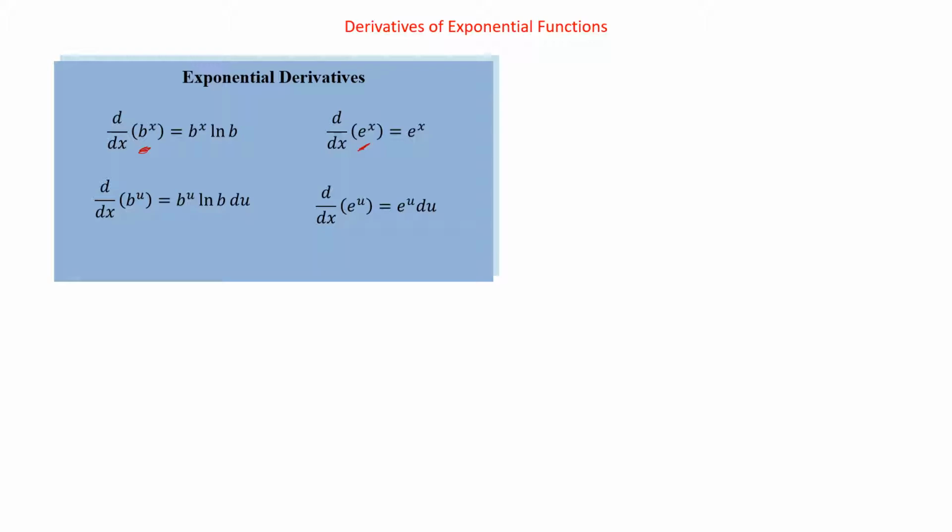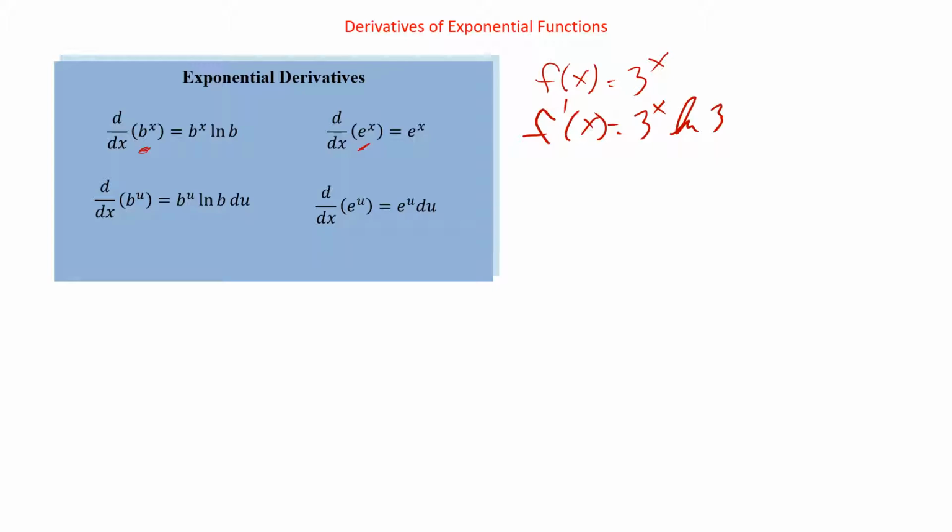But basically, if you have a number to a power, you get that same thing times the natural log of that number. So for example, if we wanted to find the derivative of 3 to the x, that's going to be 3 to the x times the natural log of 3. That's it.